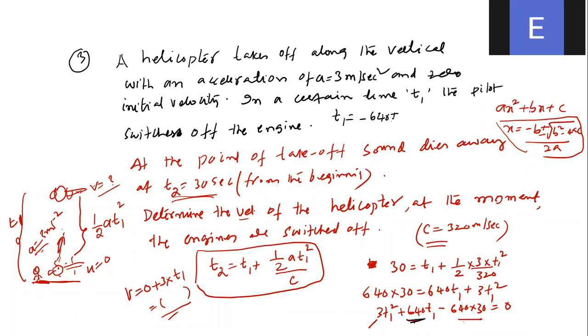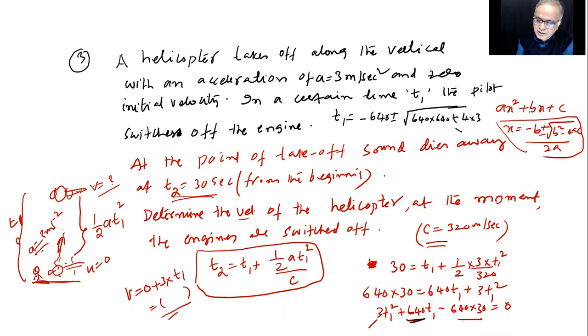Plus or minus square root of B square, 640 into 640, minus, once again a minus is there, so plus 4AC, 4 into 3 into 640 into 30, by 2A. 2 into 3, 6. So 640 is here, 640 is there. So it's going to be a little easier.